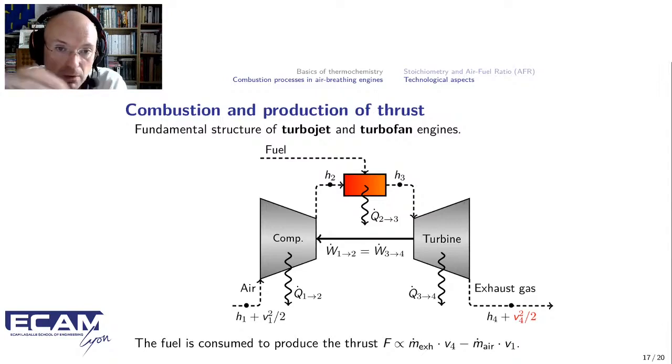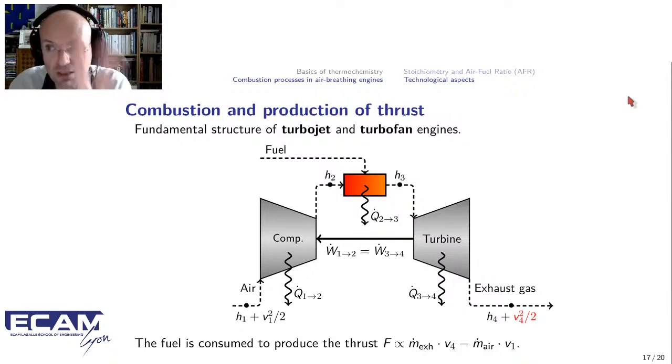And as you know now, the final thrust you will produce, if you leave aside the pressure thrust, the momentum thrust is just the difference between the rate of momentum of the air which is aspirated into the compressor and the one which is rejected by the engine.